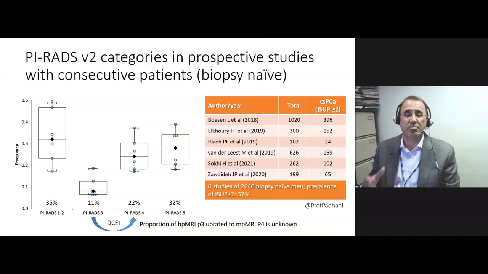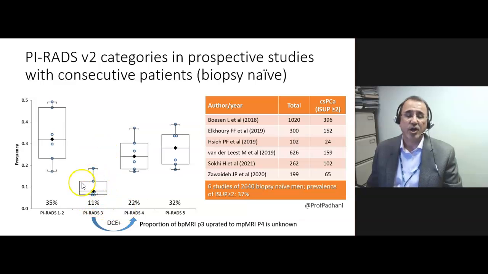However, we have to remember that DCE MRI in the PIRADS system is reserved for the PIRADS 3 category in the peripheral zone. Now, PIRADS 3 categories in this particular instance is 11%. But remember that some of these patients have already moved into PIRADS 4 in this particular instance, although the proportion is unknown.